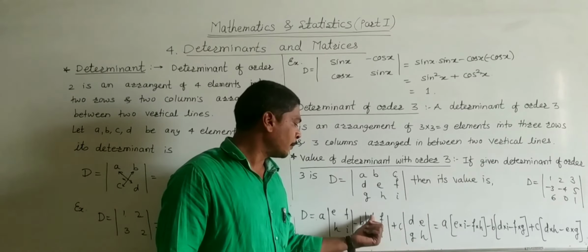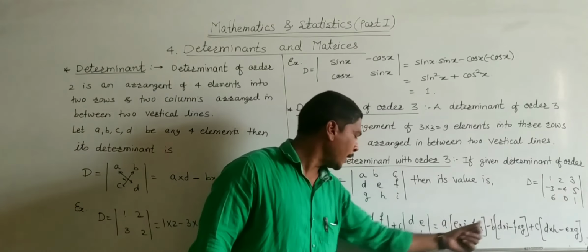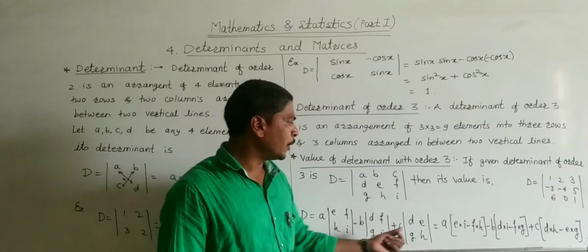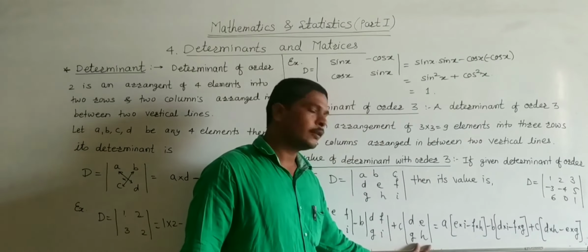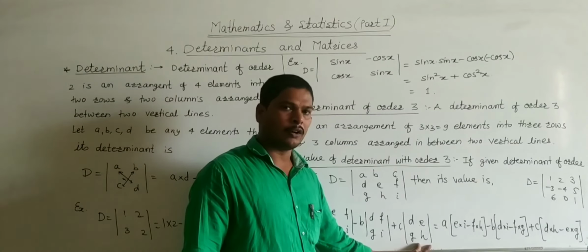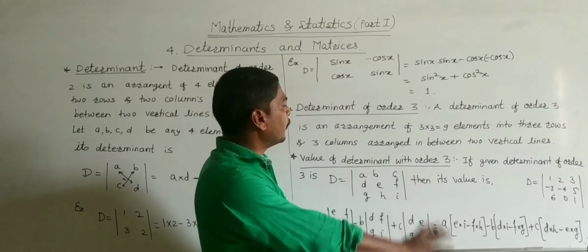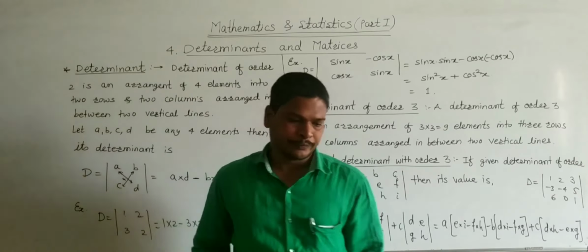Again the same concept, multiplication of main diagonal elements, means d into i, minus multiplication of sub-diagonal elements, means g into f. Plus c as it is, and the same concept for this remaining determinant of order 2. So in that way we can find determinant of order 3. Have a look.